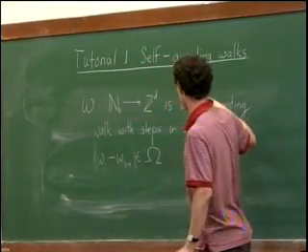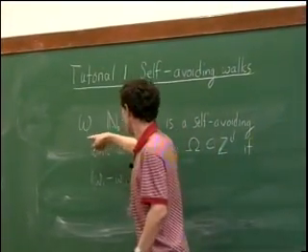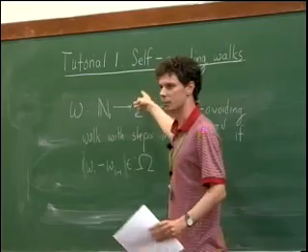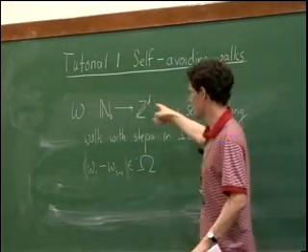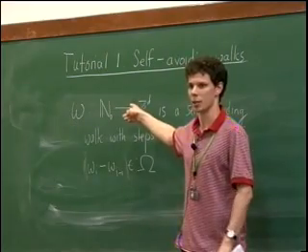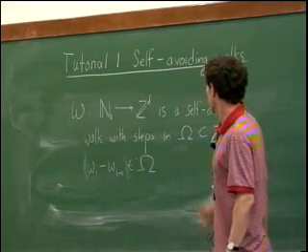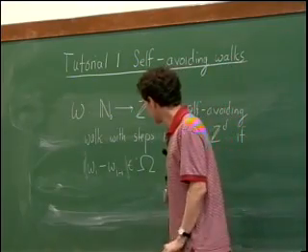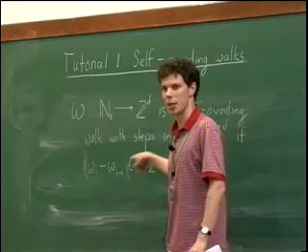What is a self-avoiding walk? A self-avoiding walk is a path on the d-dimensional integer lattice. You could take any graph if you wanted to, but we'll only look at the d-dimensional hypercubic lattice in this tutorial. And we'll also mostly consider the nearest neighbor step distribution.